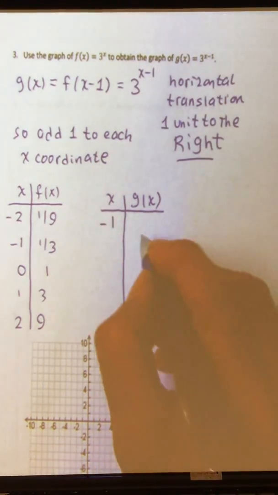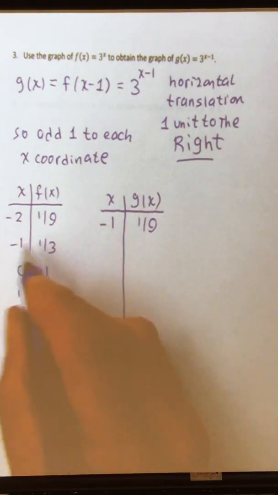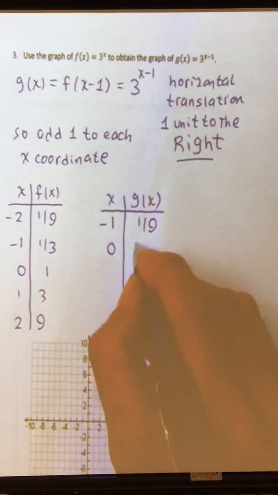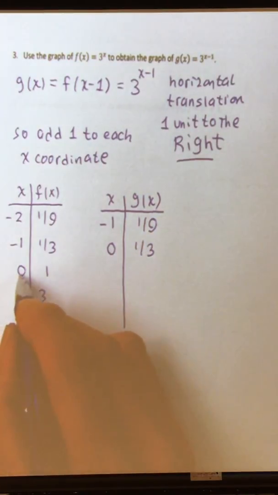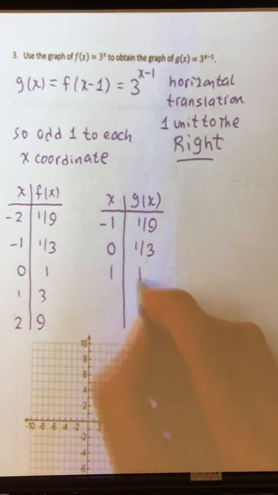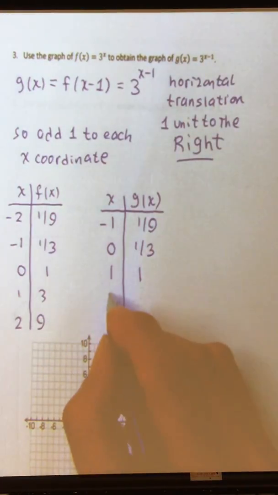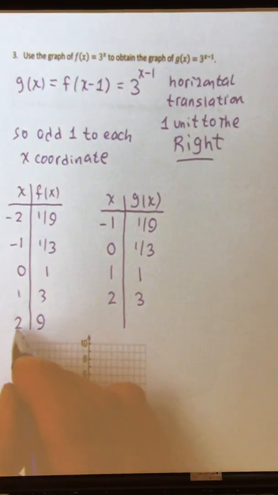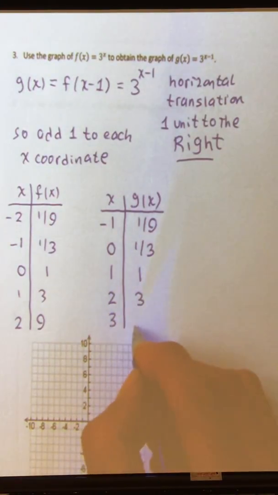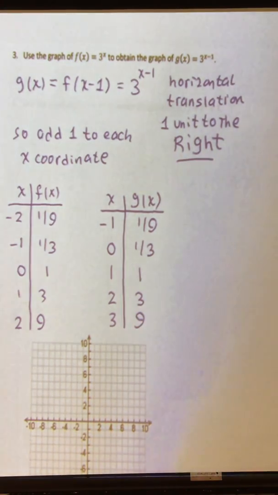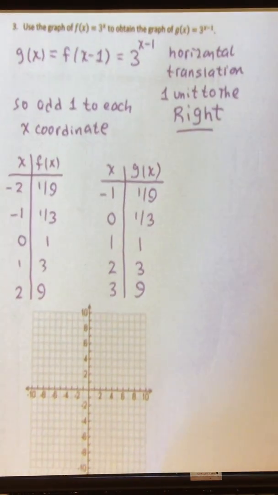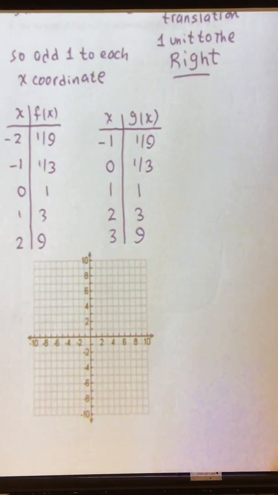So here, -2 plus 1, -1 will give us 1/9. -1 plus 1, 0 will give us 1/3. 0 plus 1, 1 will give us 1. And 1 plus 1, 2 will give us 3. And 2 plus 1, 3 will give us 9. Now we try to plot these points down below, and we'll obtain the graph of both.